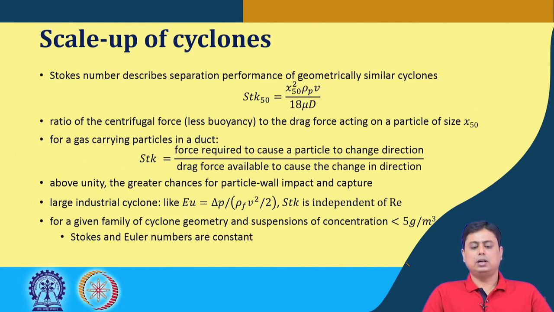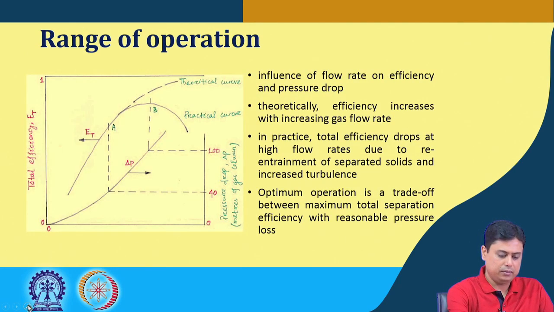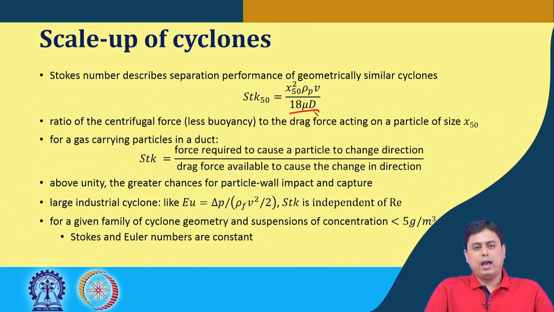Now this Stokes number has been defined as x50 squared, where x50 is the equiprobable cut size, times rho p, the particle density, times v, the characteristic velocity, and in the denominator we have 18 mu d, where d is the cyclone diameter and mu is the viscosity of the gas phase.